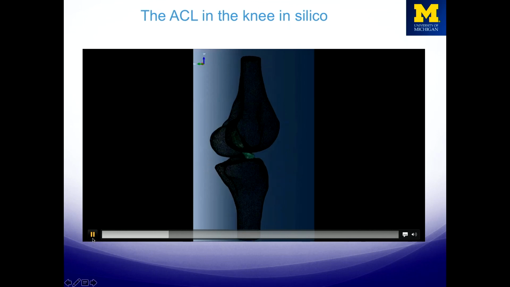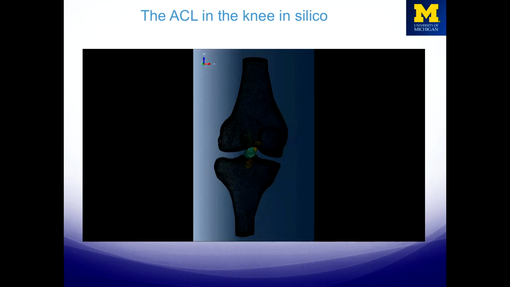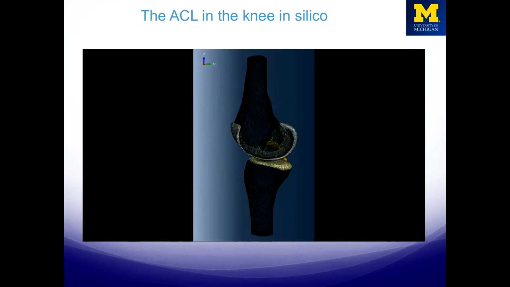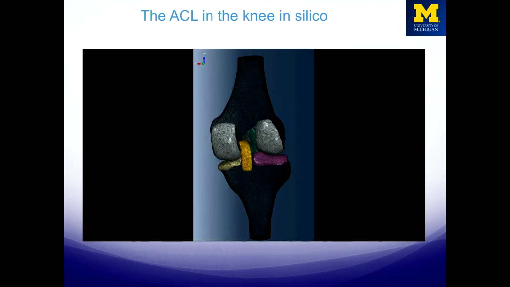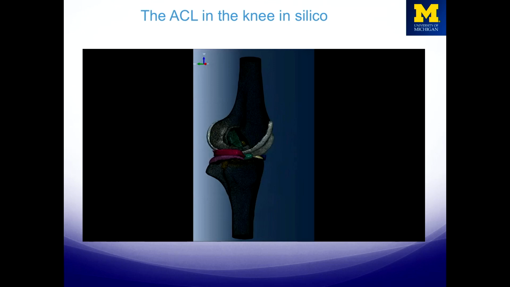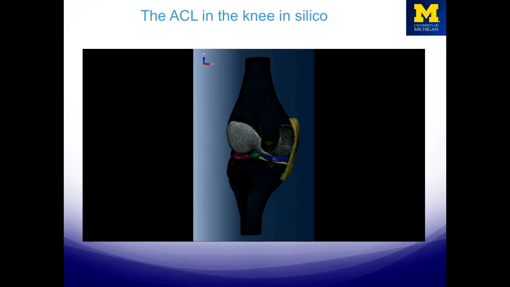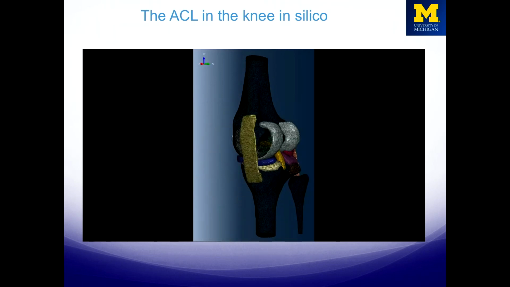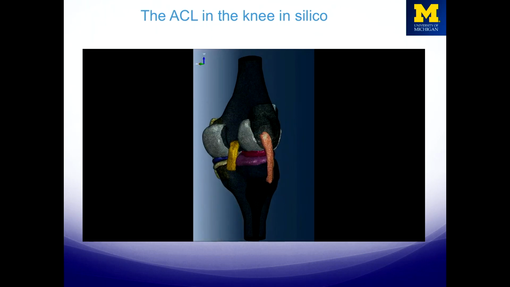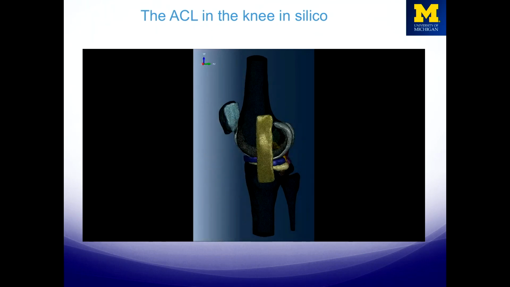So we started to explore these things, but until we have material models that are accurate for all of these tissues of the knee, predictive capabilities are somewhat limited. But you can make some comparisons. But that's where the work is going long term, right?